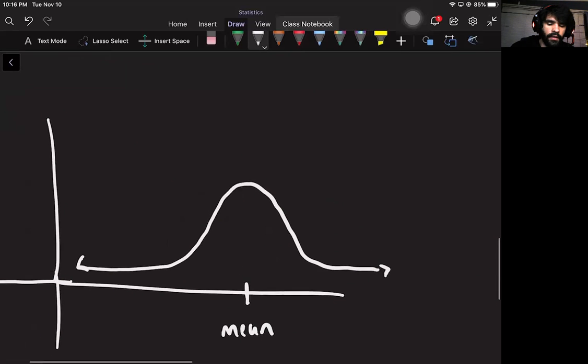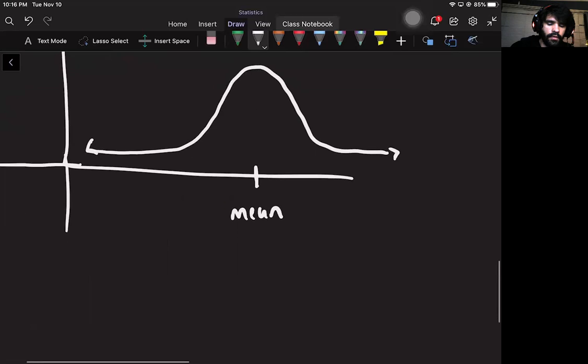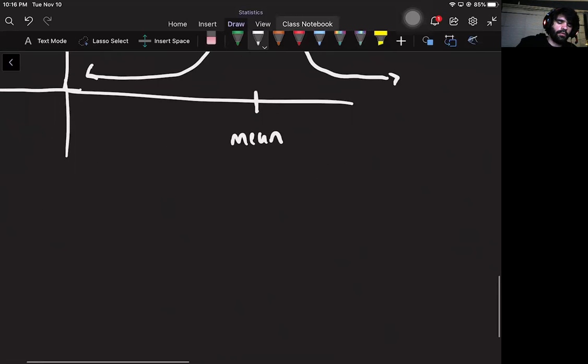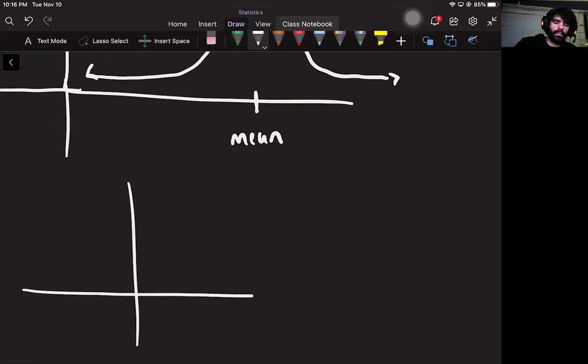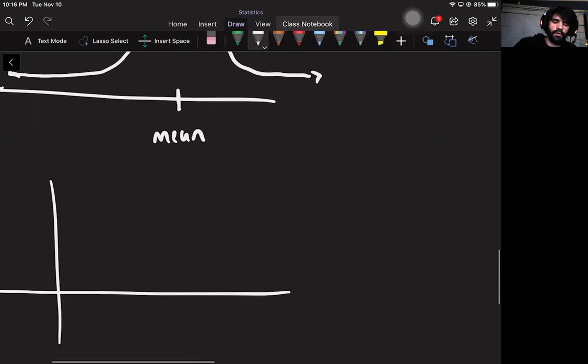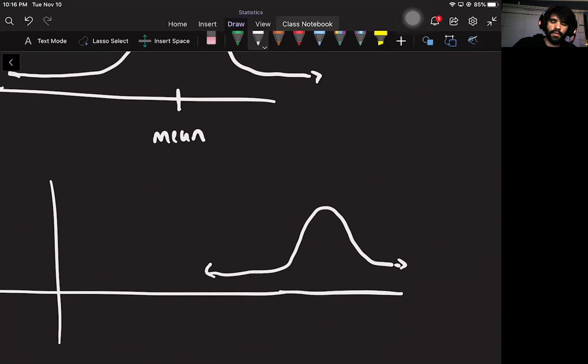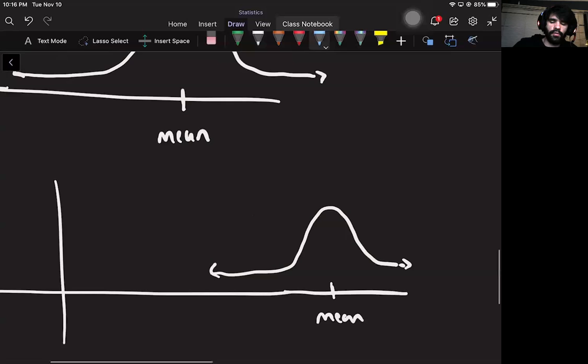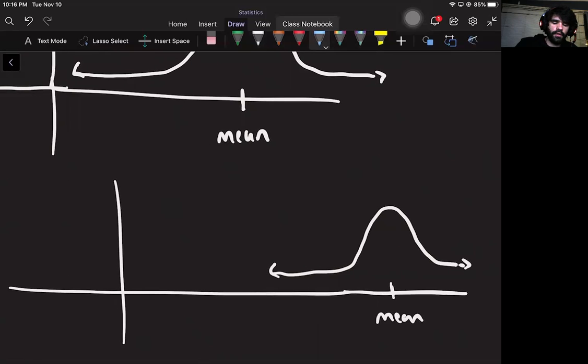But other than that, you can have lots of different variations. So for example, it could be over here or something. It doesn't have to always be in the same spot. The mean always has to be in the middle of whichever one you're dealing with. So you could have one like that. You could have ones that are over here, even if you want.